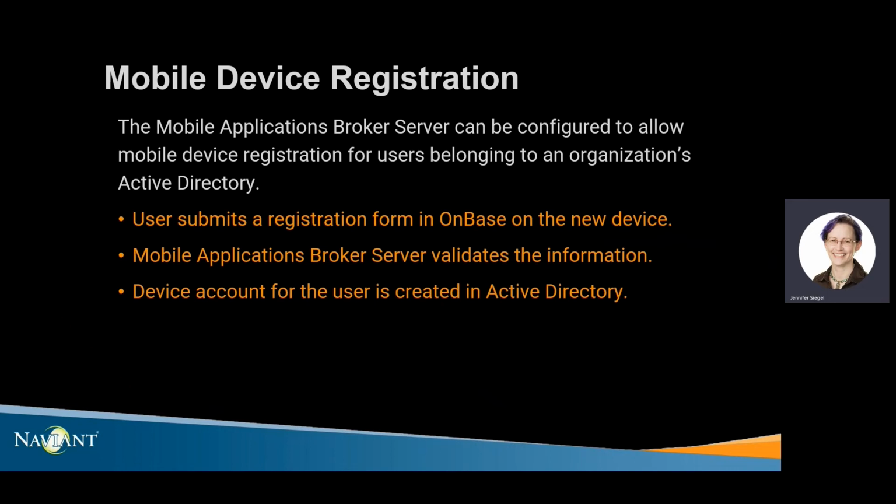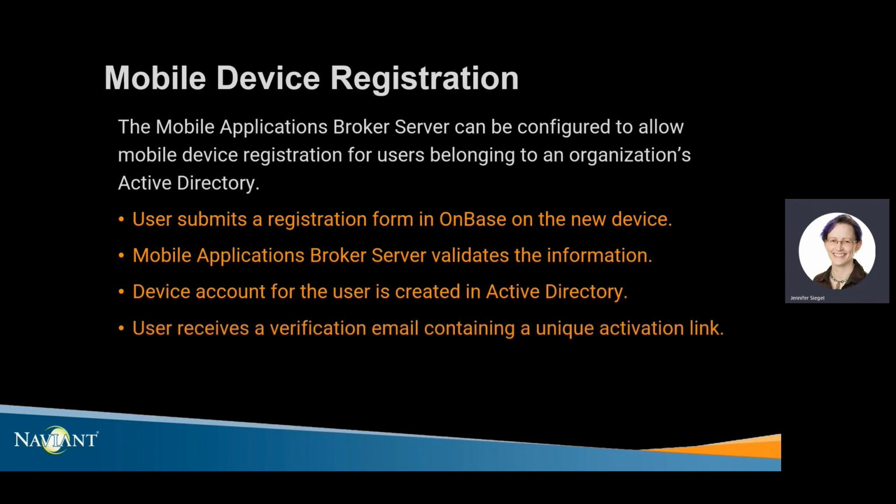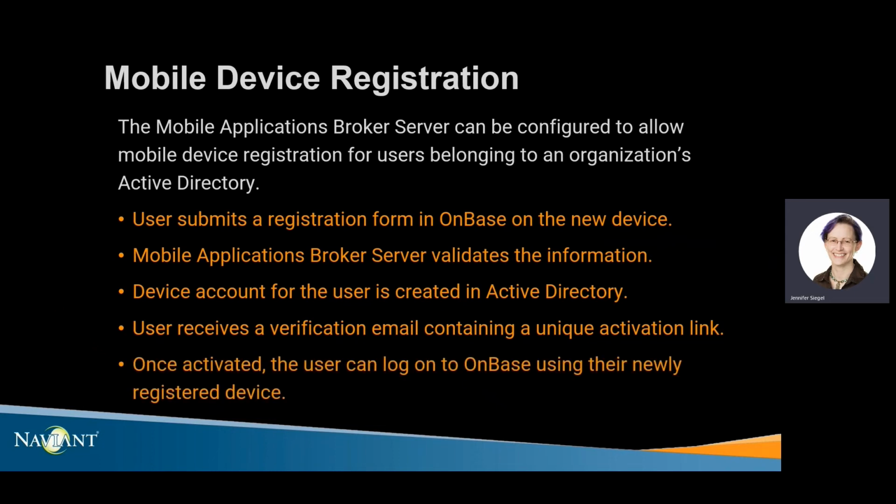Then it creates a device account for the user in a separate Active Directory entry, and the user receives a verification email containing a unique activation link. After the user clicks on the link, the device is activated, and the user can log into OnBase using their newly registered device. In short, unless the device is explicitly approved for access, it isn't getting in.